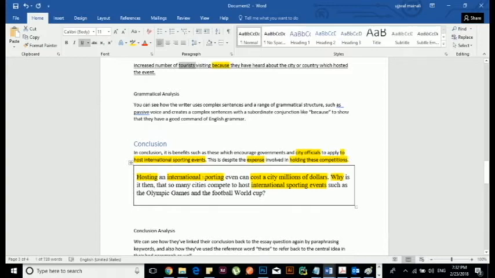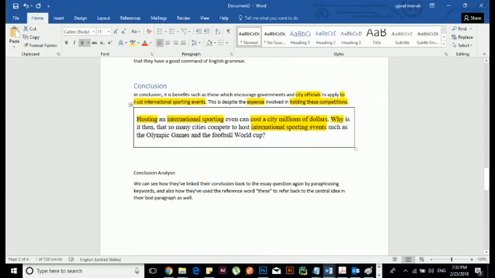So let's analyze our last conclusion section. In conclusion, it is benefits such as this which can encourage government and city officials to apply to host international sporting events. This is despite the expense involved in holding this competition.